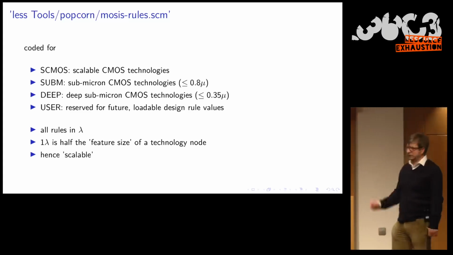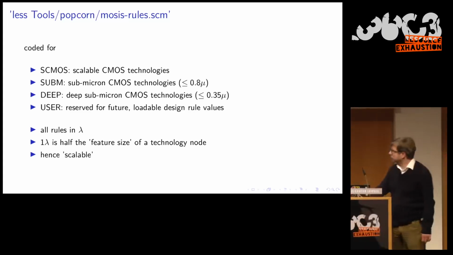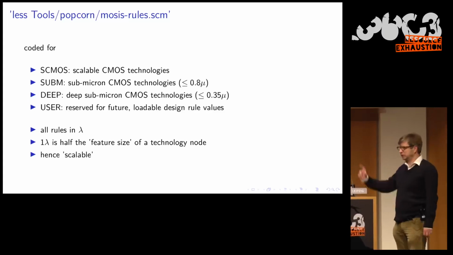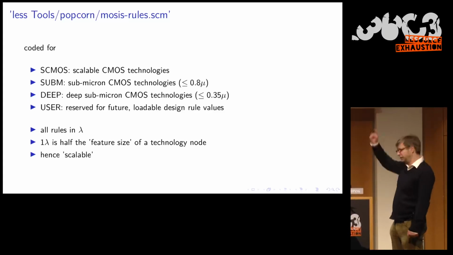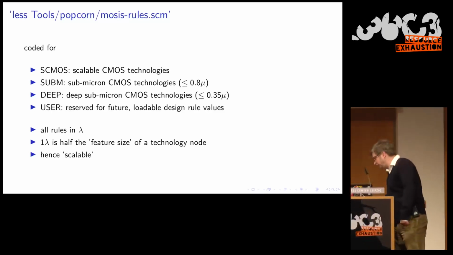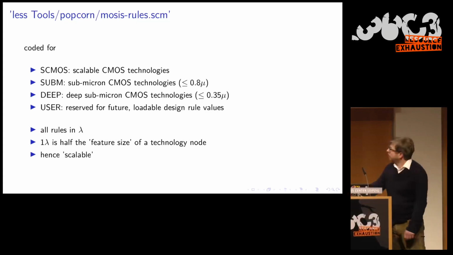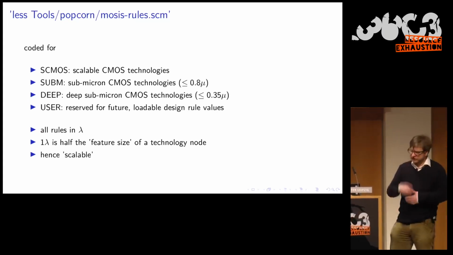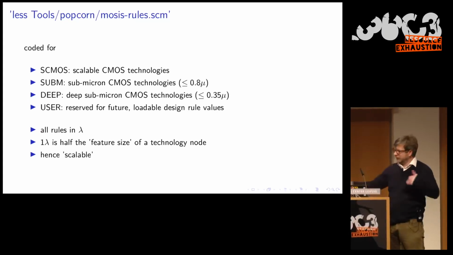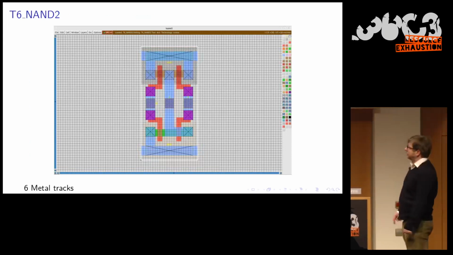The rules are not written in 0.8 microns or so. They are written in more or less integers of lambda, and this has the advantage that you can scale it up or down for different technology generations. That works surprisingly well. Not for all things, but for most things it works surprisingly well.